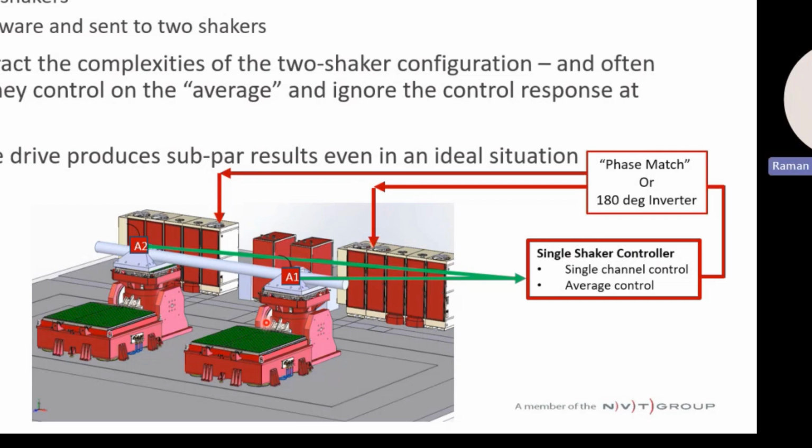Sometimes if your two shakers are in the push-pull configuration where they're facing each other, they might take the drive and invert it, flip one drive 180 degrees in phase, multiply it by -1, and feed that into one shaker or amplifier and the original drive into the other. In theory, that should generate equal and opposite forces. Now in practice, that's not really what happens, and we'll talk about that in a little bit.